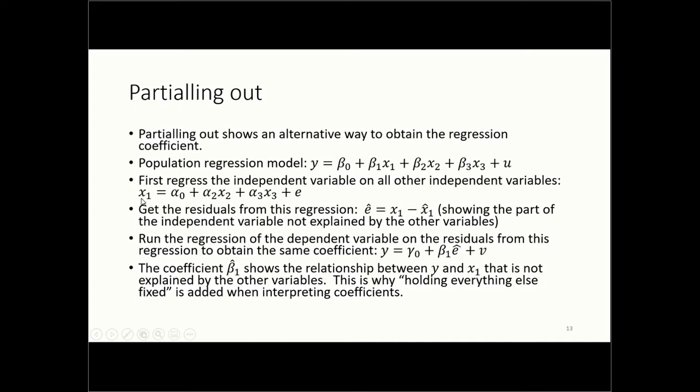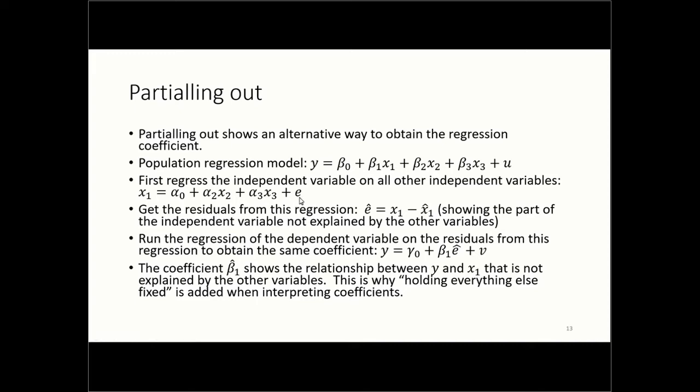So here we would be regressing x1 on the other variables x2 and x3. Notice that now, for the first time, we see that an independent variable serves as a dependent variable for this regression. And alpha 0, alpha 2, and alpha 3 are the parameters for this new model, and this E is the error term for this new model.